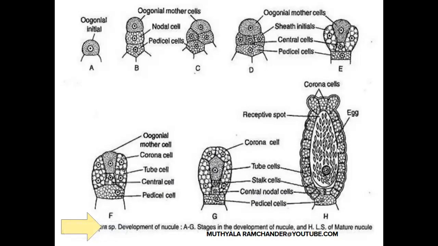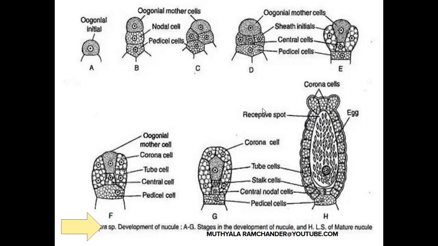The oogonium is an enlarged structure containing one haploid nucleus and cytoplasm. Above the oogonium, or below the corona cells, the receptive spot is present. The receptive spot mainly helps in receiving the male gamete. It is the development of the nucule of Chara.